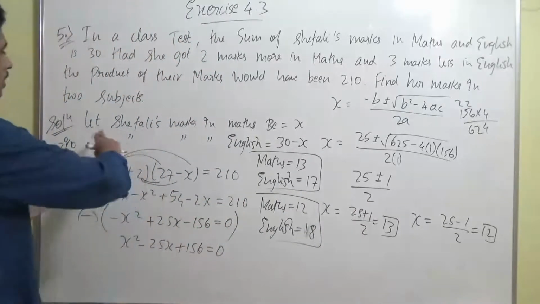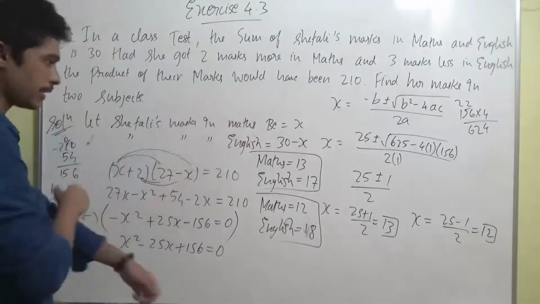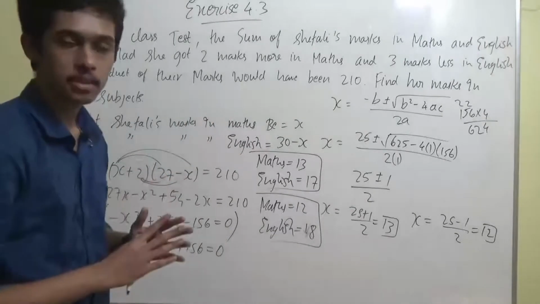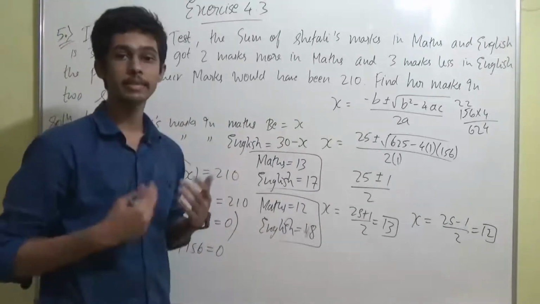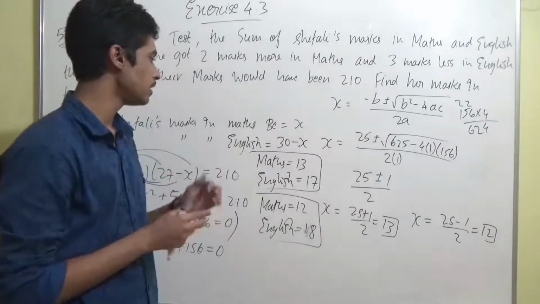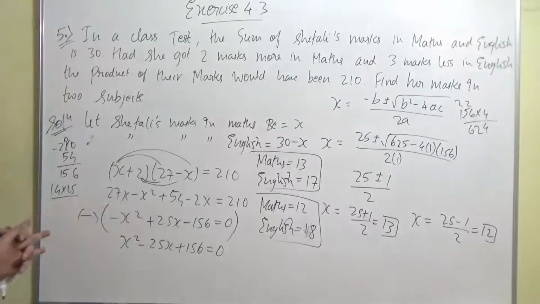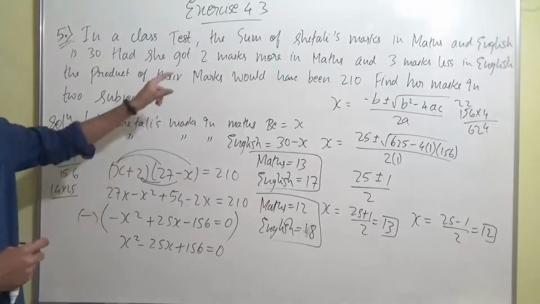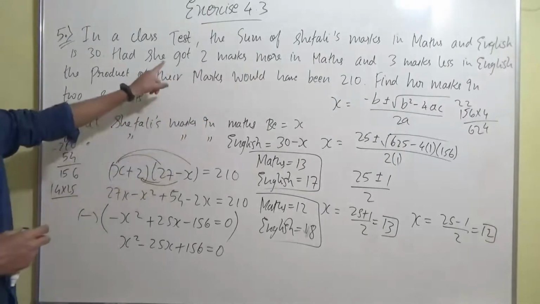So what we did, first we assumed Shefali's marks in maths to be equal to x. If her marks in maths is equal to x, her marks in English is going to be 30 minus x, because they have said the sum of the marks in English and maths is 30. Then we multiplied according to the condition they gave us.